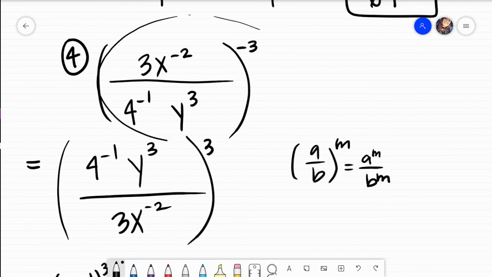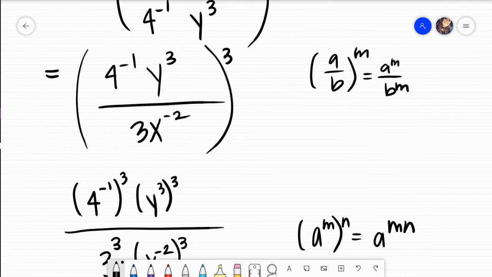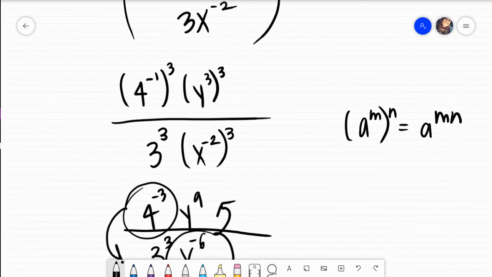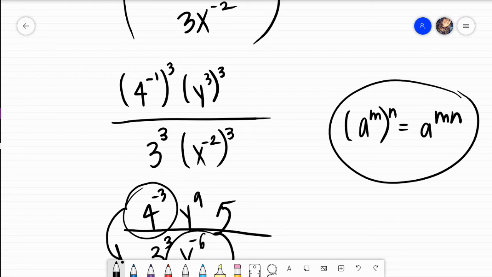So this problem used flipping, and once we flipped it, we used a power rule where everything got the power. Then I noticed I had a few powers to a power, so we multiplied our powers.